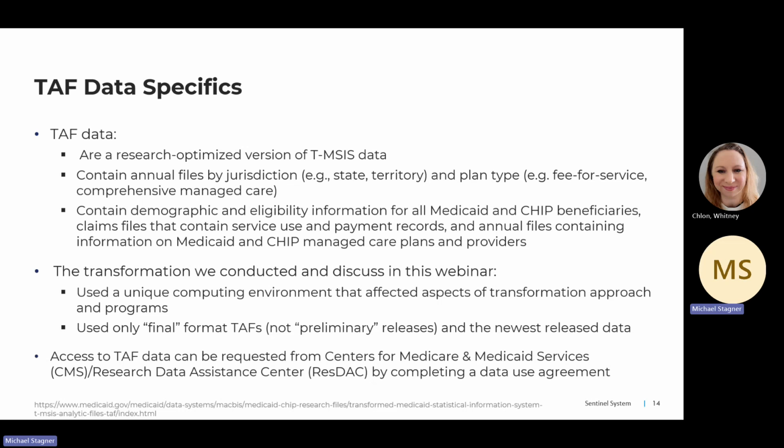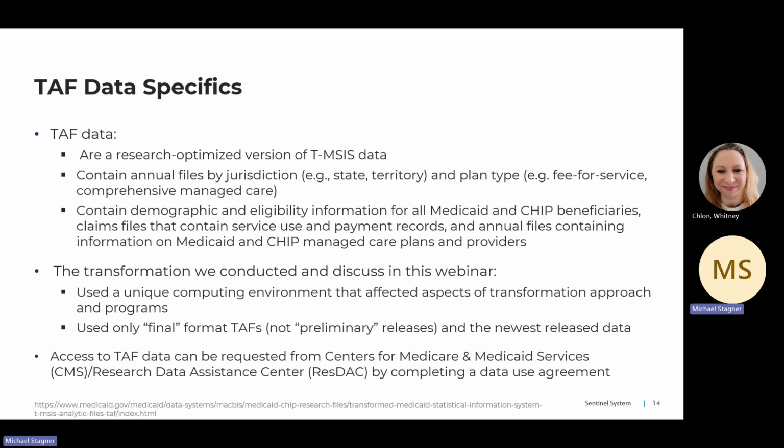The CMS periodically releases updated versions of the TAF data as higher quality data become available, and depending on what is approved for a specific user, they can expect that their data may be in a slightly different format than what's described in this webinar, because a user may have access to the 100% files, which are monthly, and that's what's used for this transformation process and linkage, or maybe extracts, which are annual data and are based off of the 100% files.